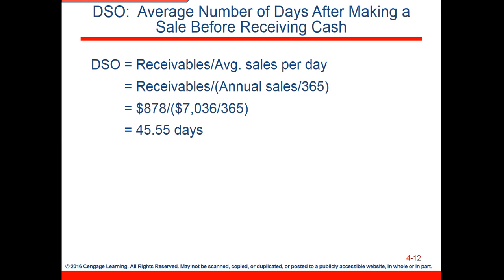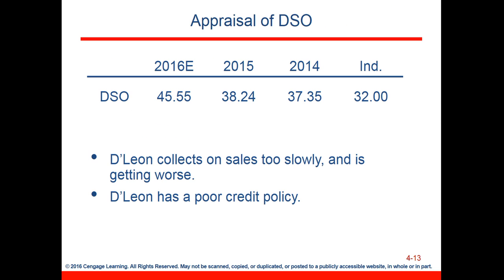Days of sales outstanding, which is receivables divided by average sales per day, receivables divided by annual sales divided by 365, is 45.55. Now, if you look at it from 2014 on, it's steadily increasing.